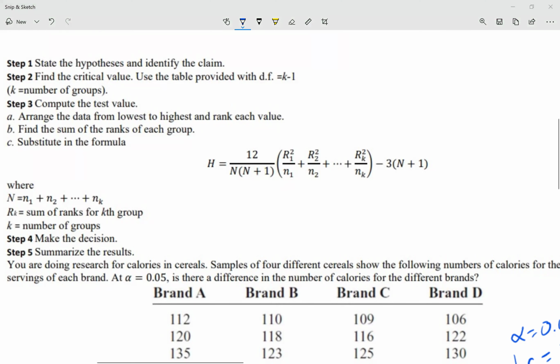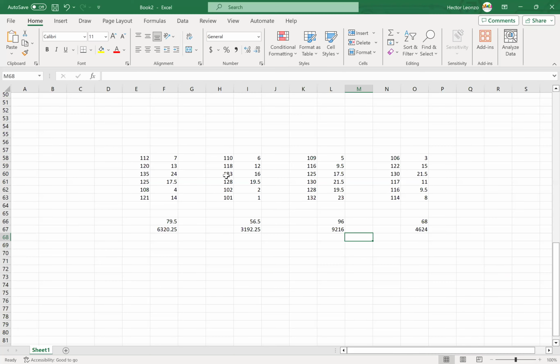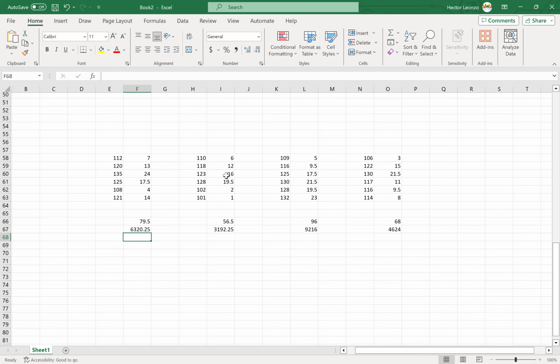According to my formula, this number here is my first list all squared, my second list squared, my third list squared. So I have that part of my numbers.